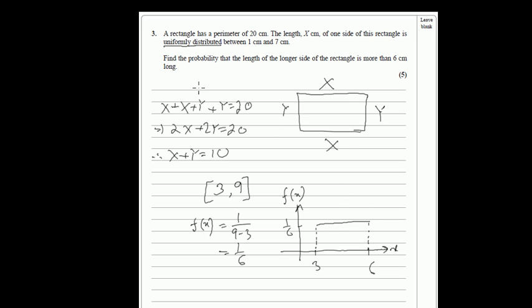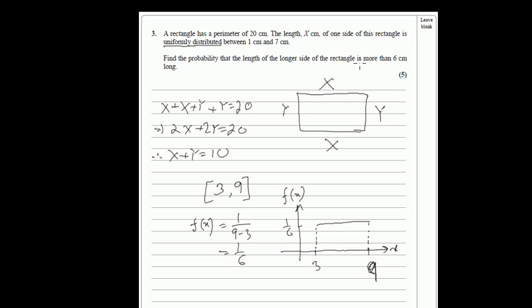Okay, now find the probability that the longer side is more than 6 centimeters long. So the probability for more than 6, assuming we are talking about x. Now we do not know which side they're talking about, either x or y.